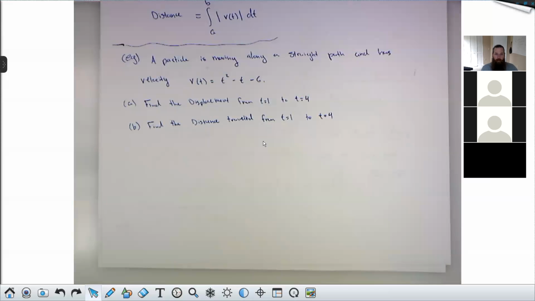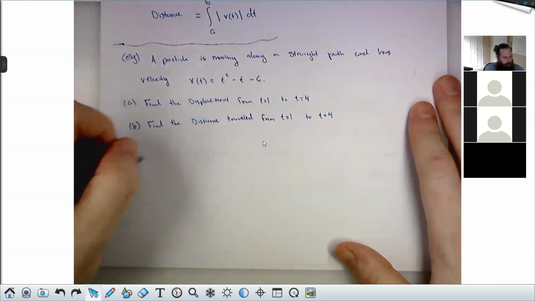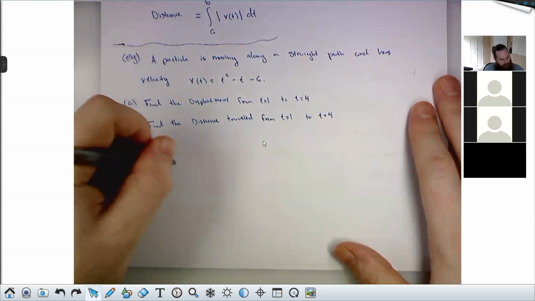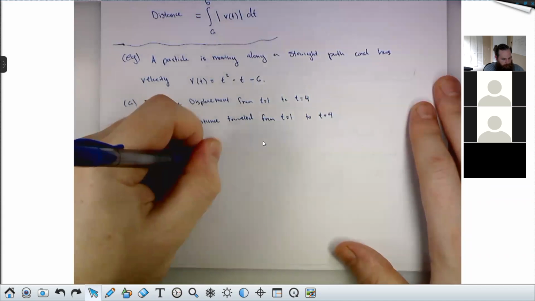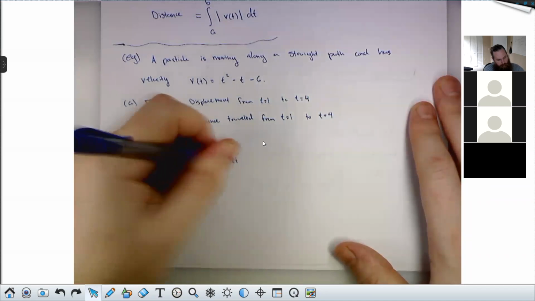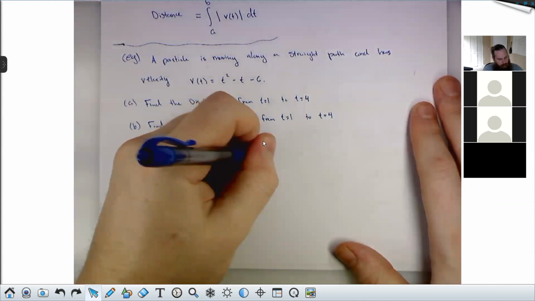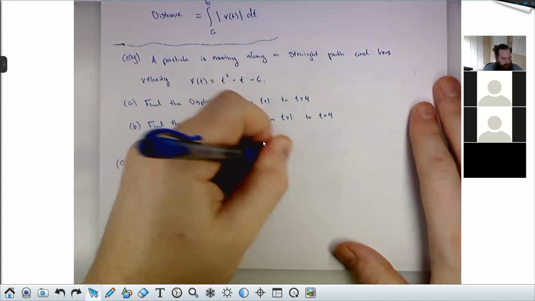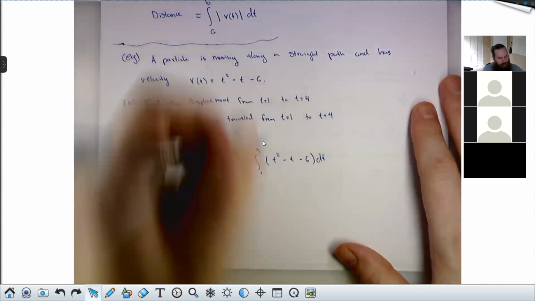So the displacement is just the integral from 1 to 4 of v of t, which is the integral from 1 to 4 of parentheses t squared minus t minus 6 dt.